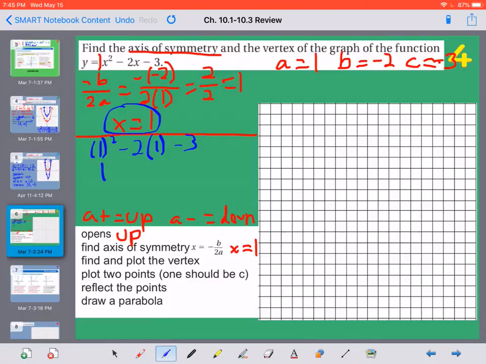Negative 2 times 1 is negative 2. Then minus 3 equals y. 1 minus 2 is negative 1. Minus 3 more is a negative 4. So our vertex in this case is going to be 1, negative 4.